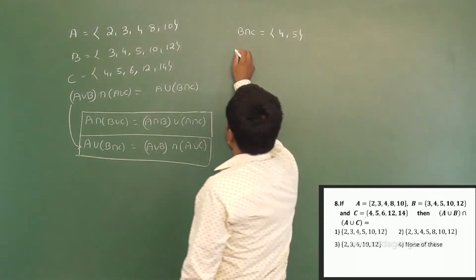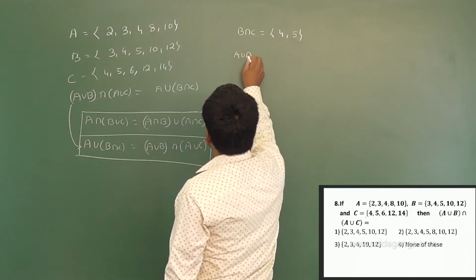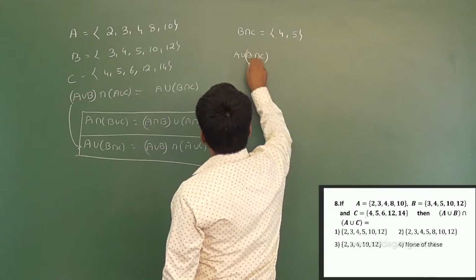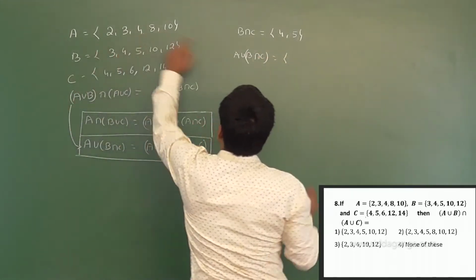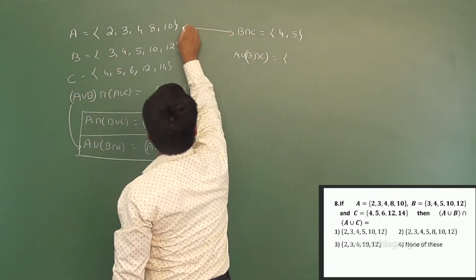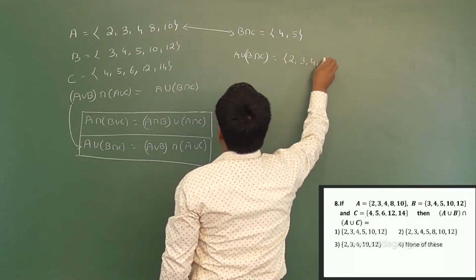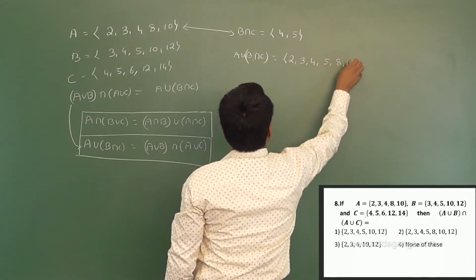Then A union of B intersection C, combining these 2 elements with A, the result we got is 2, 3, 4, 5, 8, 10.